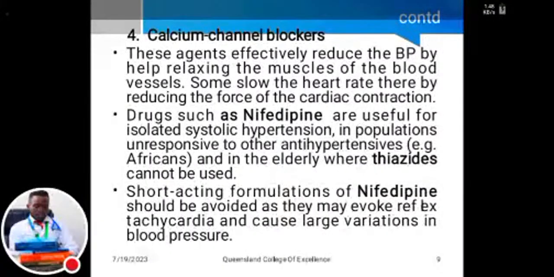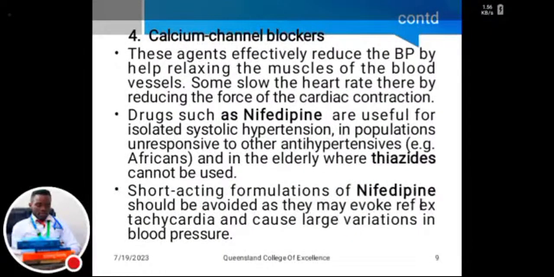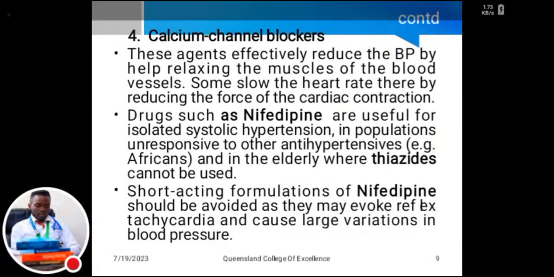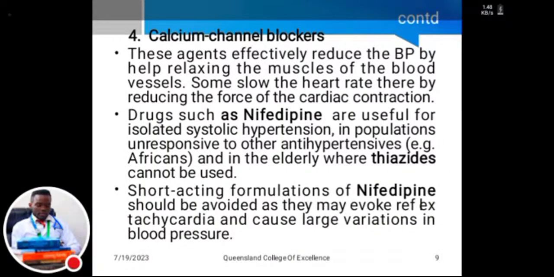All right. Then we have what we call calcium channel blockers. Now, with calcium channel blockers, it makes the heart feel calm. It simply means that it has removed the pressure from the heart, the cardiac muscle. So these agents effectively reduce the blood pressure by helping relax the blood vessels.